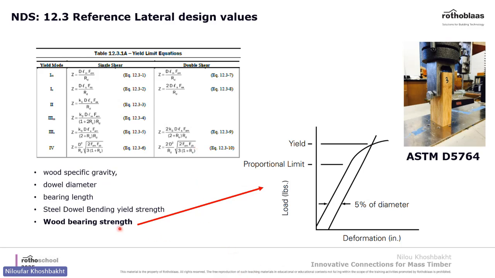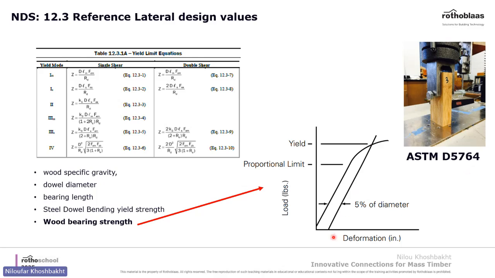For wood bearing strength, there is a table and formulations available in NDS, and their values come from experimental tests according to ASTM D5764.